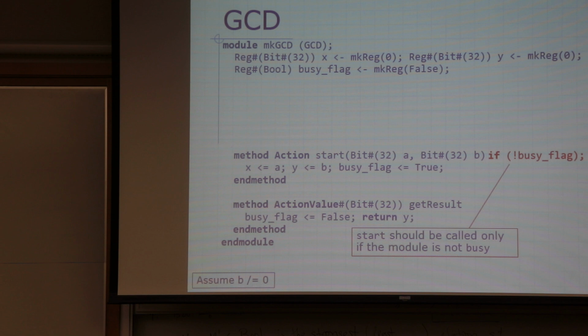Well, we know when we get the result, we're going to mark the busy flag false, and we're going to return Y because the result is going to be in Y. But when is the result ready? When X is 0, right?